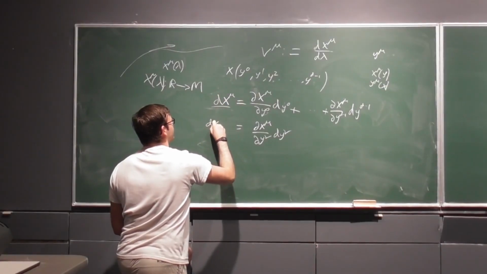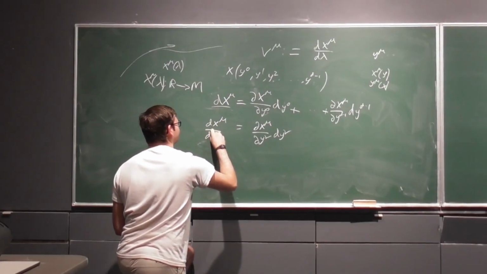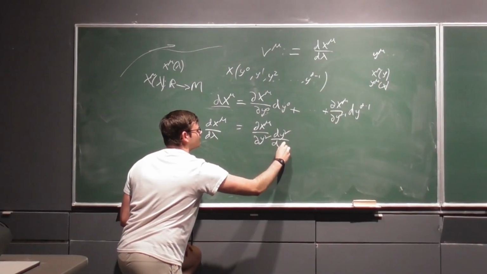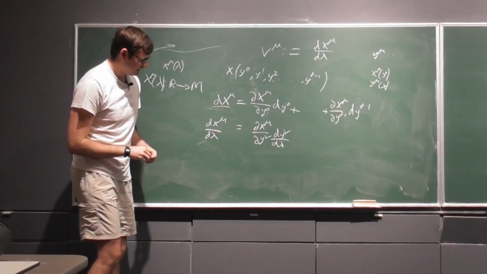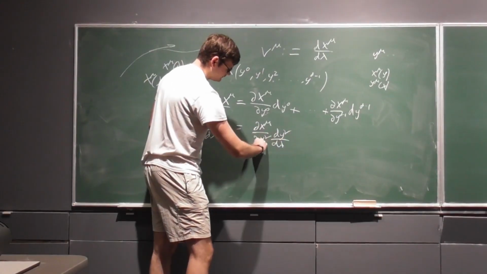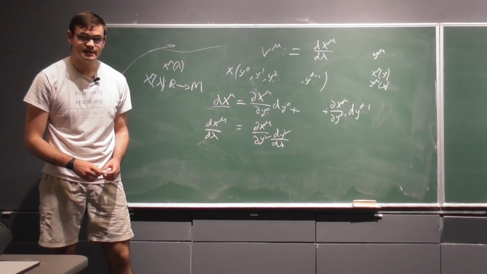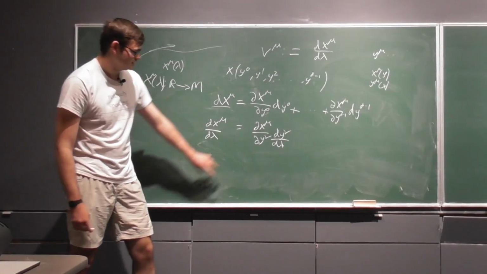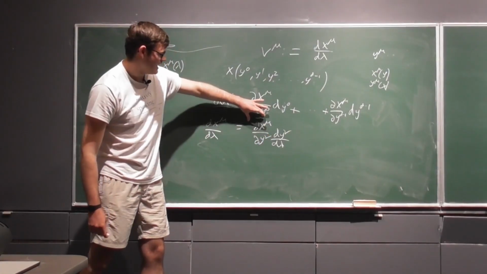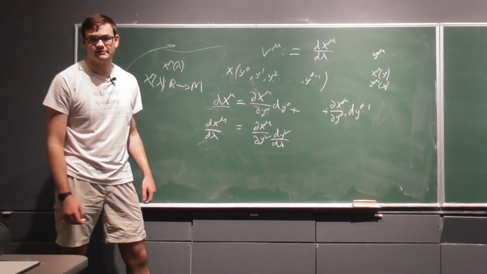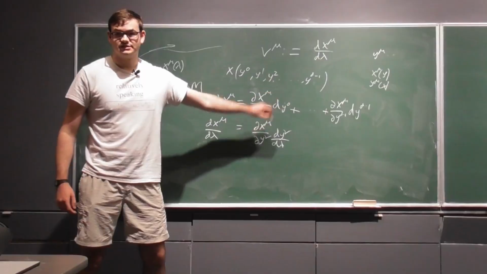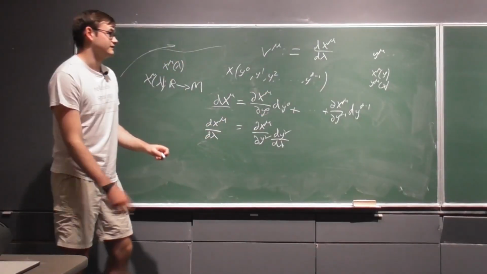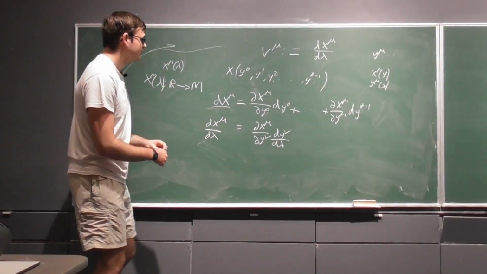So dx mu d lambda, because that's an important thing. Right? And you can see that this is kind of like the chain rule. It's kind of like I cancel these two things and I get back my dx over d lambda. So index notation, in a way, kind of restores the chain rule from complicated partial derivatives, which is really, really nice.